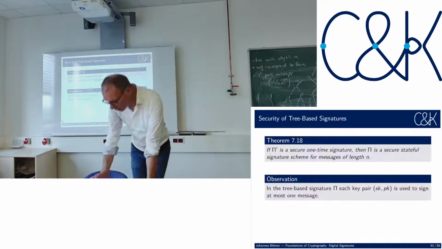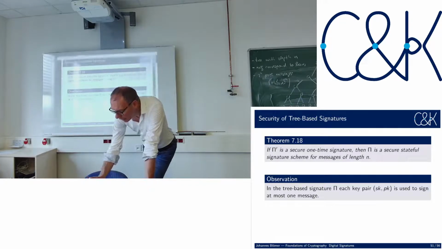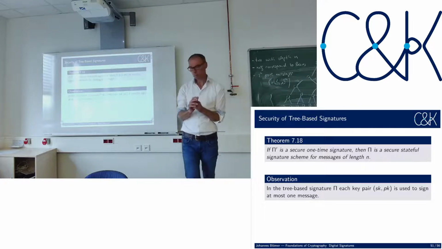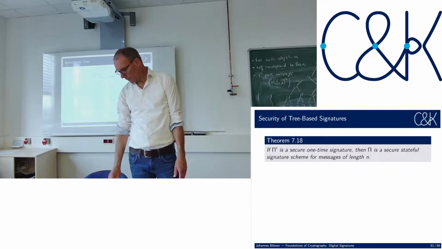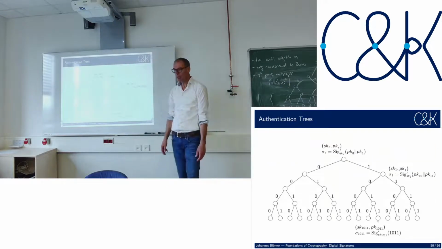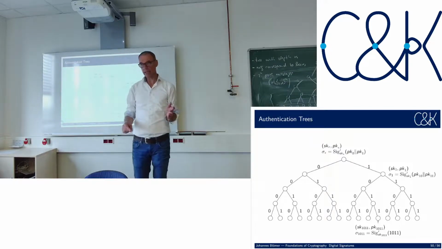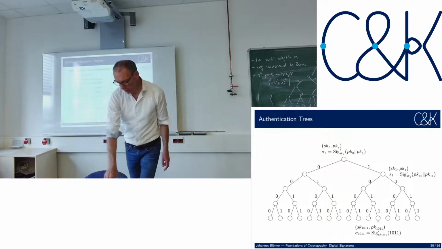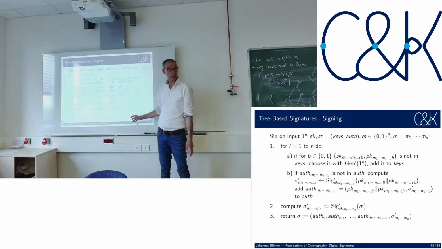Instead, we should look at what's the advantage of this tree-based scheme compared to the chain-based one. Now, the first big advantage is, recall in the chain-based scheme, the signature consists of all these authenticators plus the final signature.